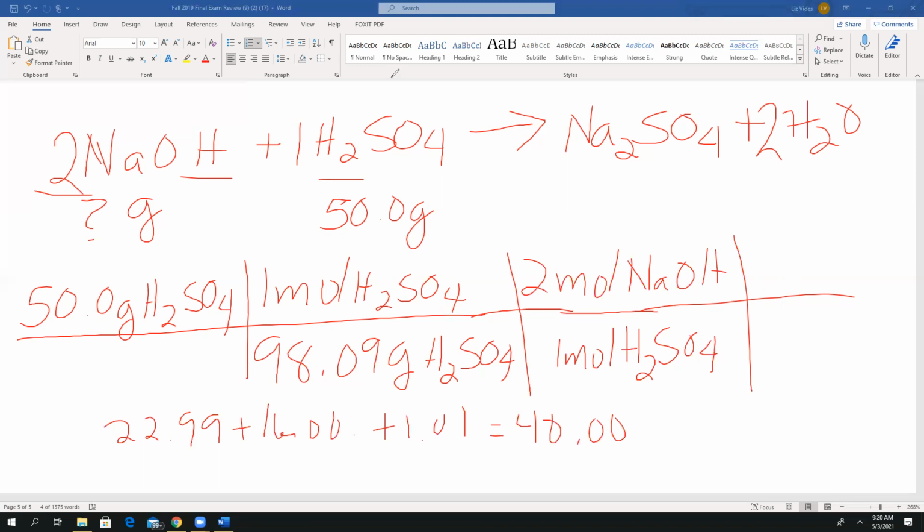Down here, we have 1 mole, and it goes mole to mole. So 1 mole of NaOH. See, this is why I told you this helps you. For every 40 grams of NaOH.